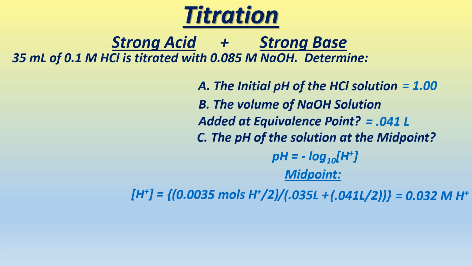So at the midpoint, I have 1/2 of my original 0.0035 moles of H+. I have my original 0.035 liters, plus half of the 41 milliliters that I was going to add. That gives me a 0.032 molar H+ solution. That gives a pH at the midpoint of 1.5.